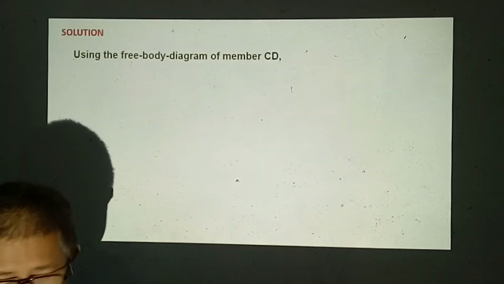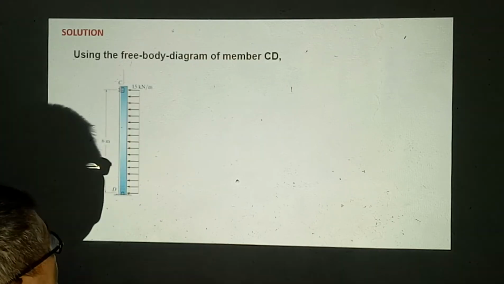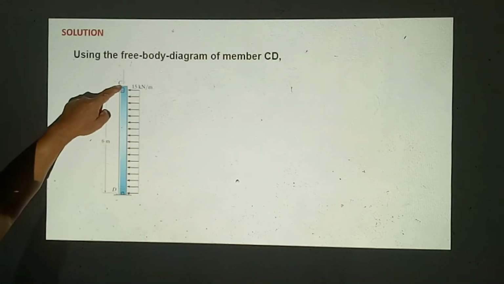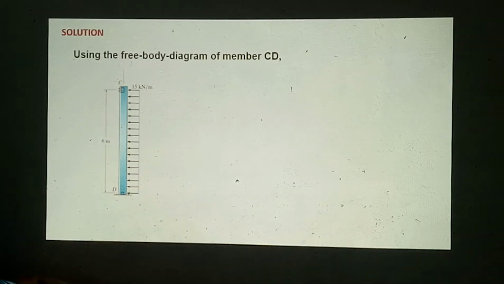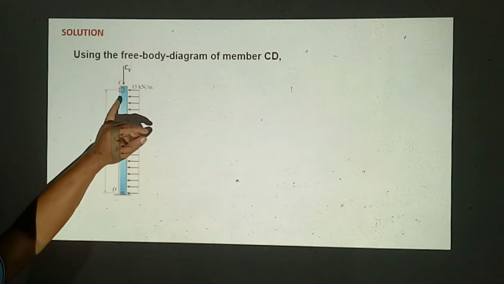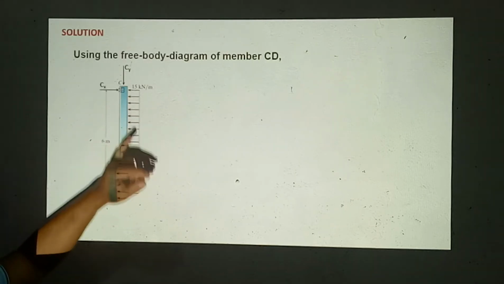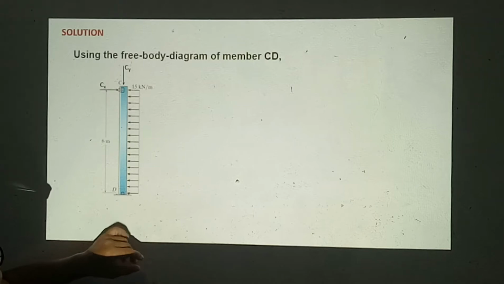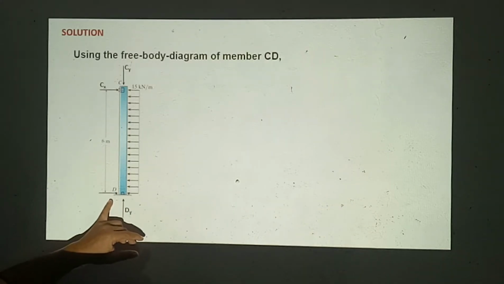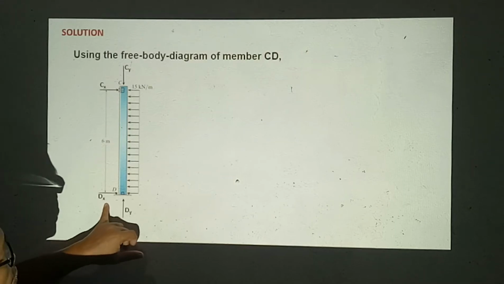So the solution will start with member CD. Member CD will carry Cy, the vertical reaction at C, and Cx for the horizontal reaction. At D we have Dy and Dx.